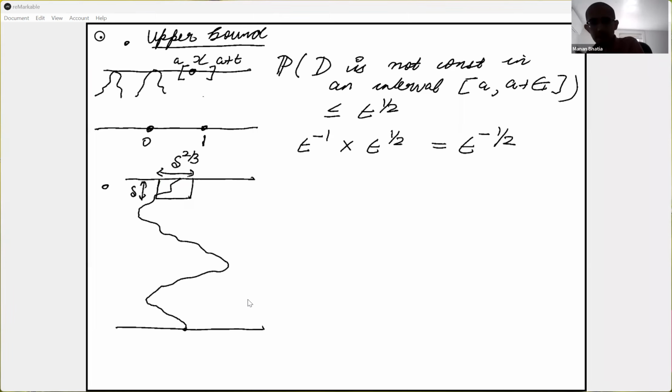So I have delta to the -1 many boxes, and here I have 2 points, 0 and 0.1. I'm looking at points on the geodesic which admit disjoint geodesics to these 2 points. Suppose there was a point in this box which admitted 2 disjoint geodesics like this.